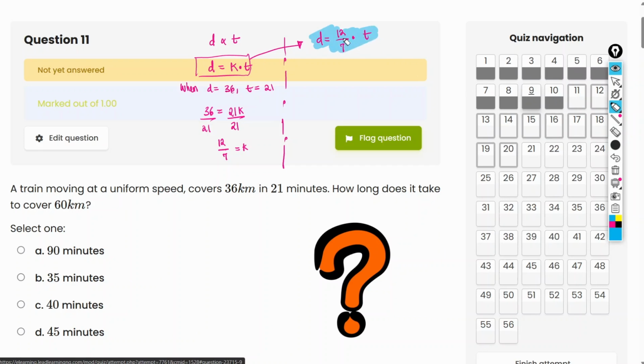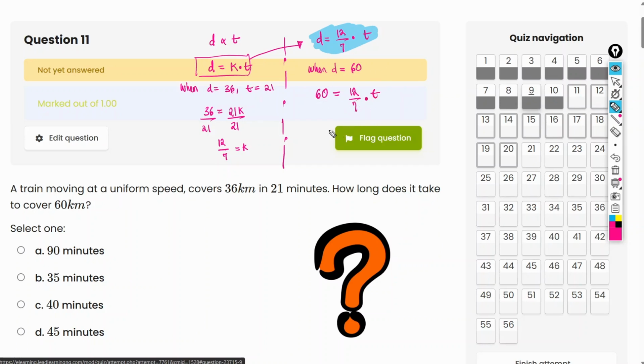It's so important that you always get this formula where you've plugged your K into the original relationship. We can use this now to solve for anything. Now we are asked to solve for when D is equal to 60. So let's plug in. That means 60 would be 12 over 7 times T.